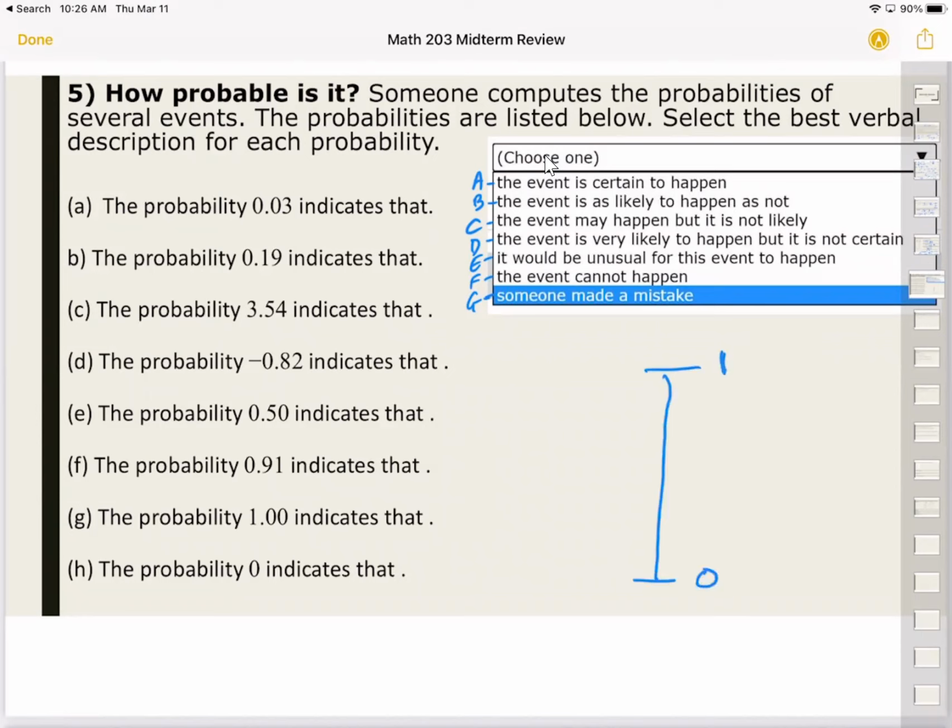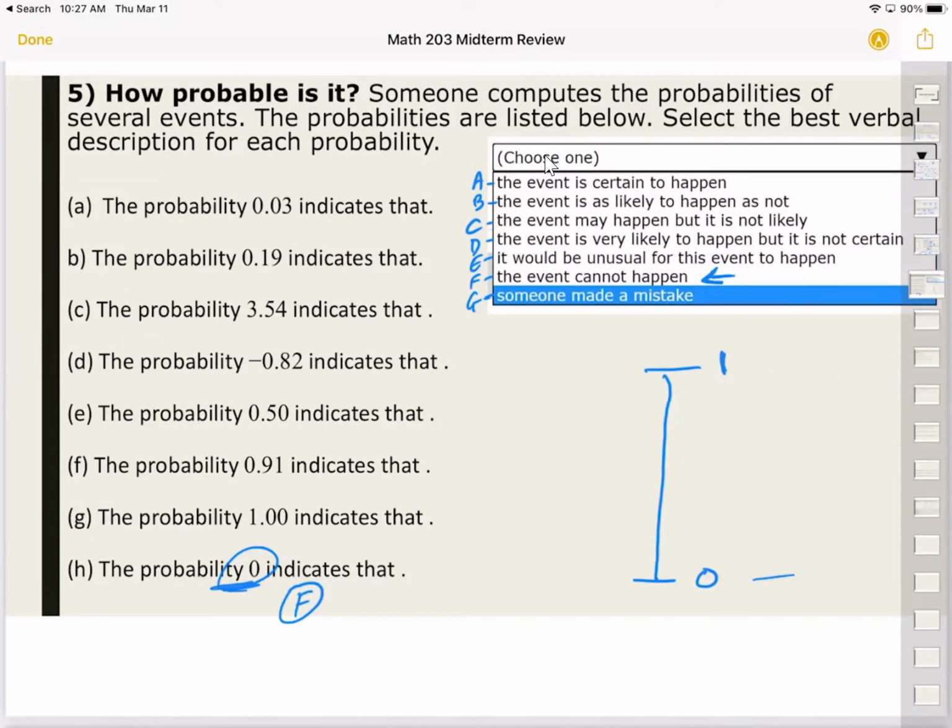If the probability is 0, what does that mean? Everybody see that if it's 0, then that event will never ever happen. So the answer for this item will be F, which is that the event can never happen.